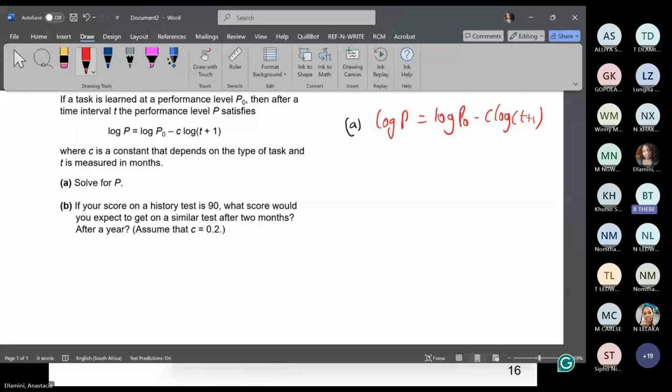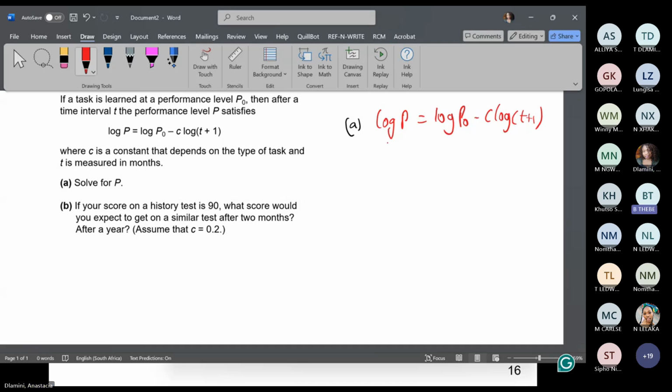Ma'am, can we first use the second law to simplify the second part of the equation before dividing by log? Okay, so what do you mean? Tell me. So you're saying I should do what?